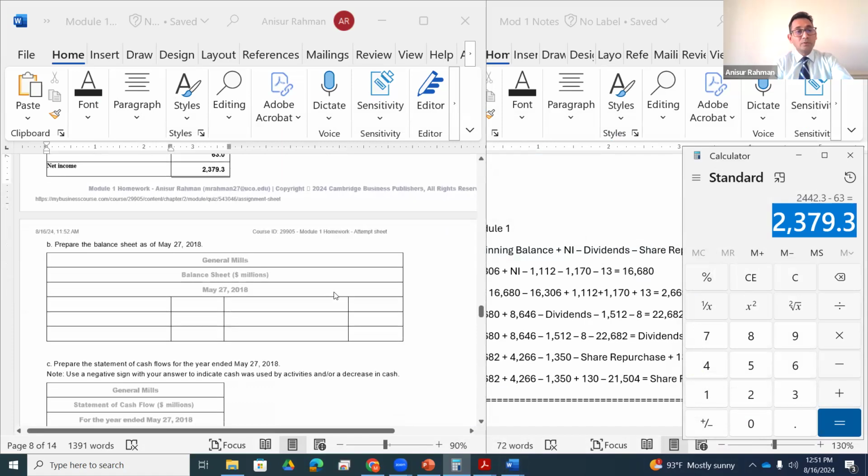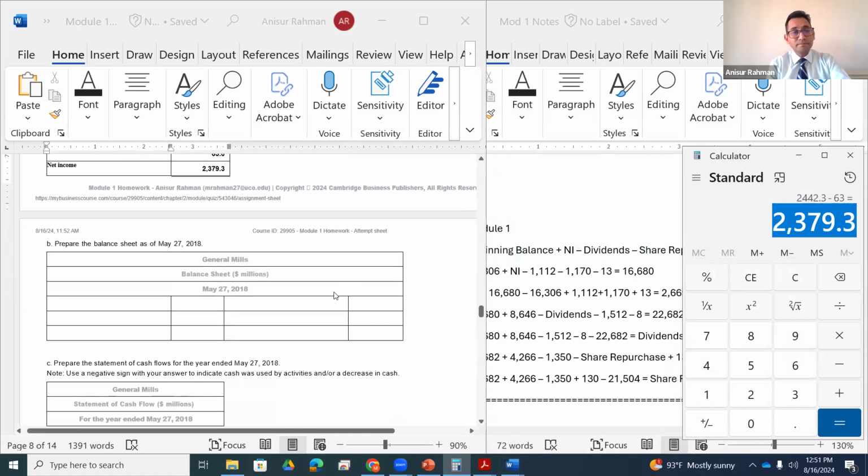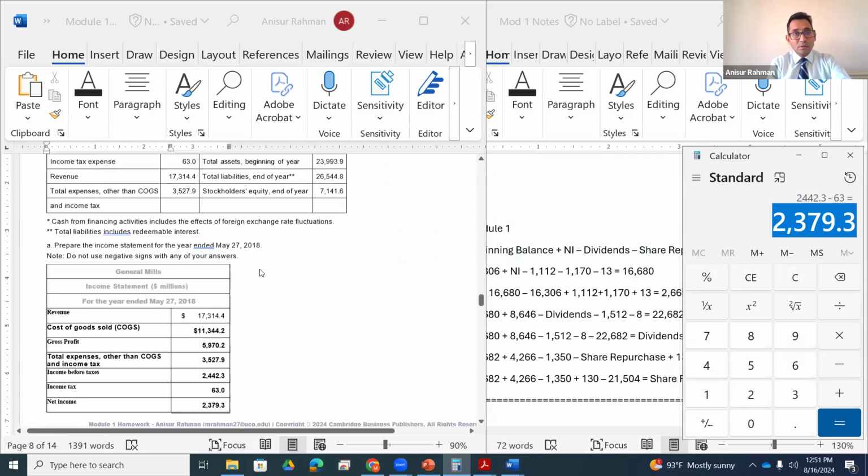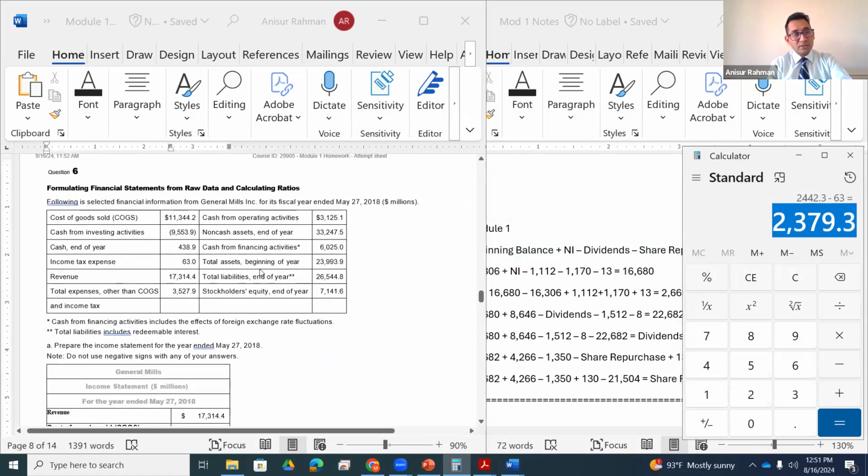Now we have to prepare the balance sheet. So balance sheet, we need total assets on the left-hand side. So we have cash end of the year, 438.9.